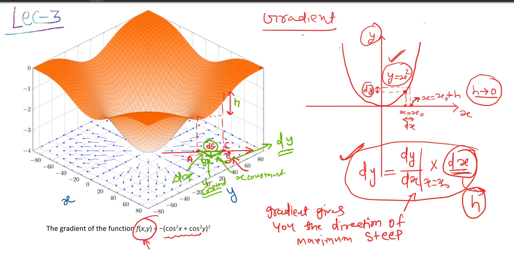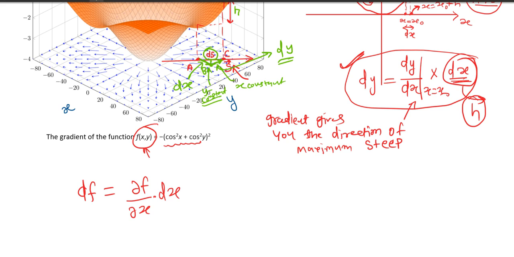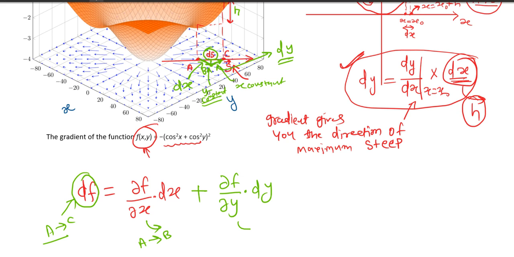So instead of going directly from point A to point C, which is ds, I am going first from point A to point B and then from point B to point C. Then the total sum of the change while I'm going from point A to point B, plus the change in the function value while I'm going distance dy, would be the total change while I'm going from point A to point C. This will be the change given by point A to point B, and this will be the change given by point B to point C.